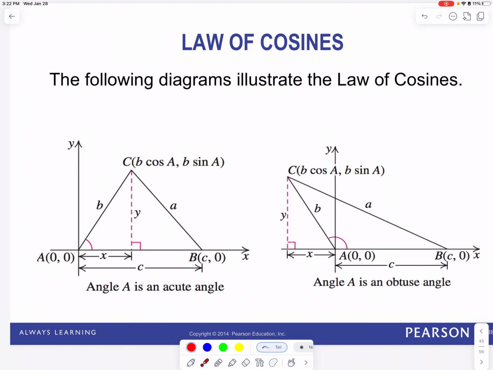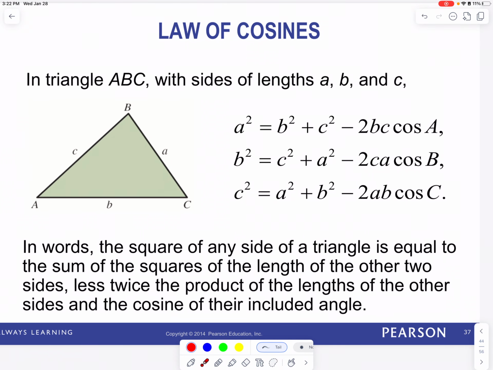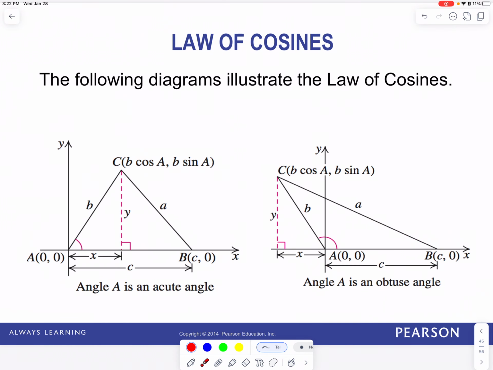Let me see something. A squared, if we're using the Pythagorean theorem, so we have a right triangle. What about there?